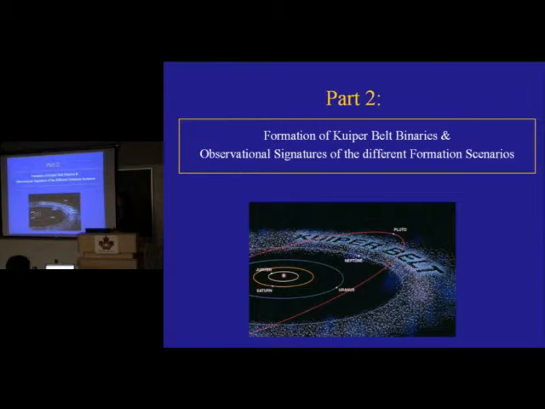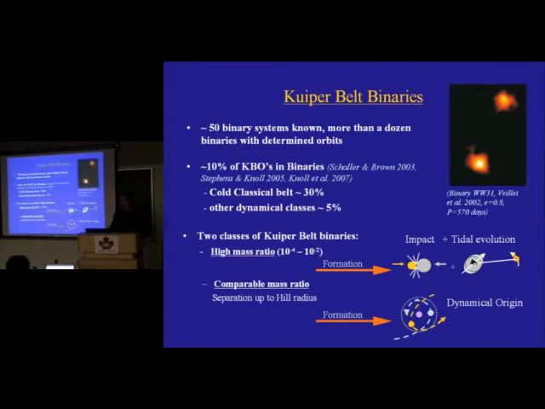Okay, formation of Kuiper belt binaries. I'm sure you all know the Kuiper belt is a disk of icy bodies located beyond the orbit of Neptune at around 40 AU. More than 1,000 objects have been discovered to date. And I guess one of the first surprises was that a large fraction of these objects are binaries.